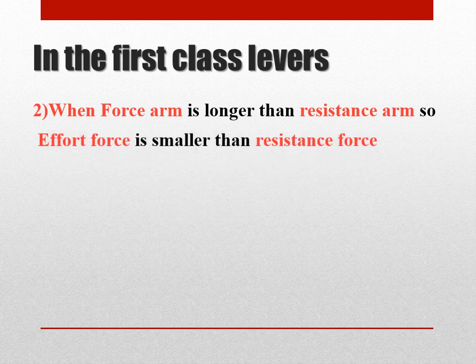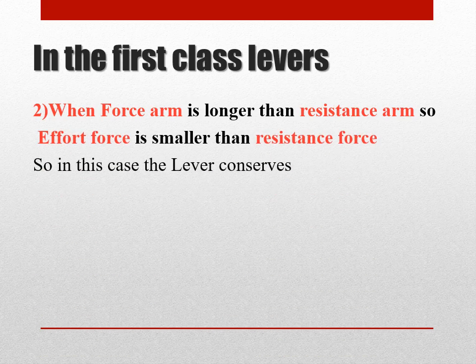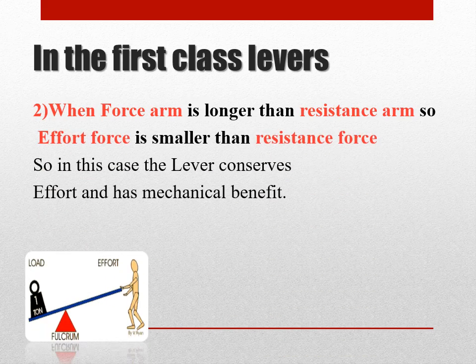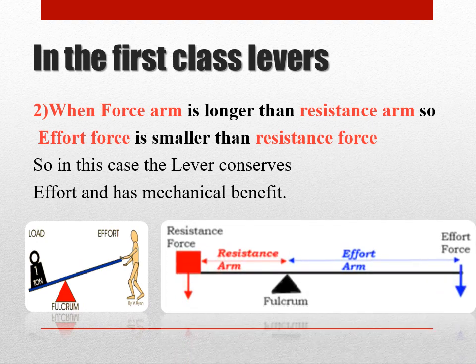The second case in first class levers is when the effort arm is longer than the resistance arm. Here my effort is smaller than the resistance, so this lever conserves effort and has a mechanical benefit.